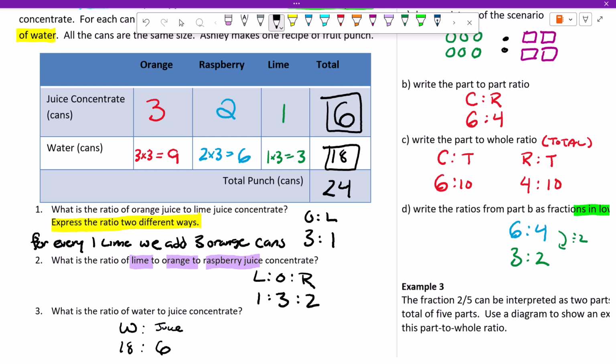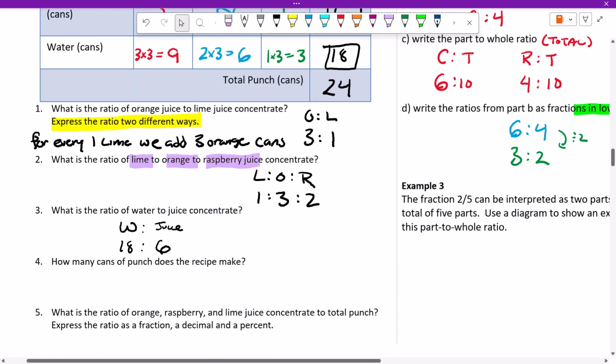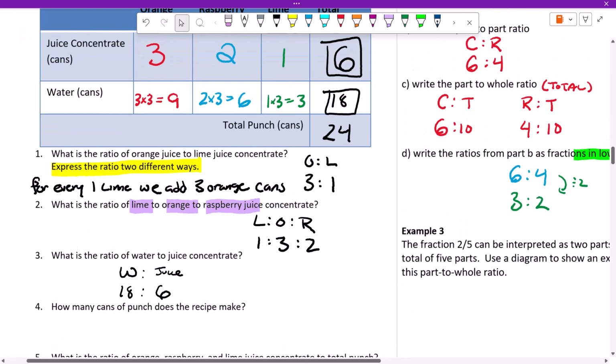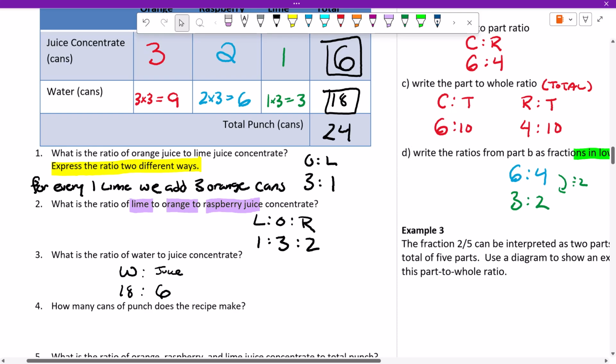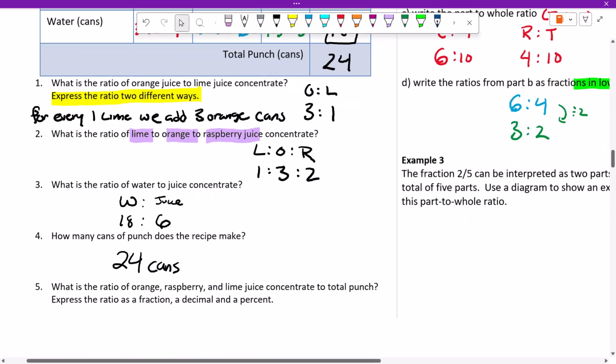We have 18 cans of water for 6 cans of juice. So it's not hard. The hardest part is a lot of information here and just picking out the right stuff. Next part. How much punch does this make? 24. 24 cans.